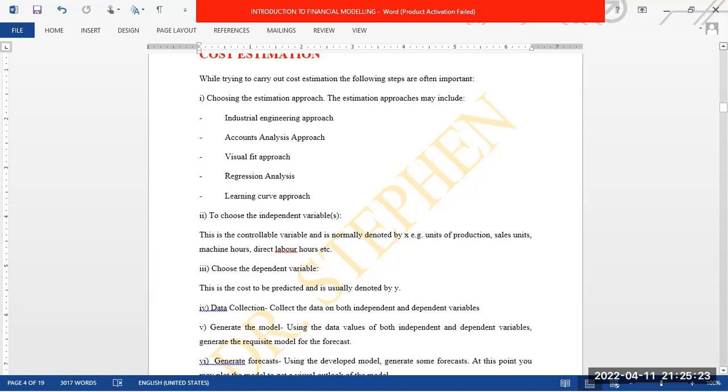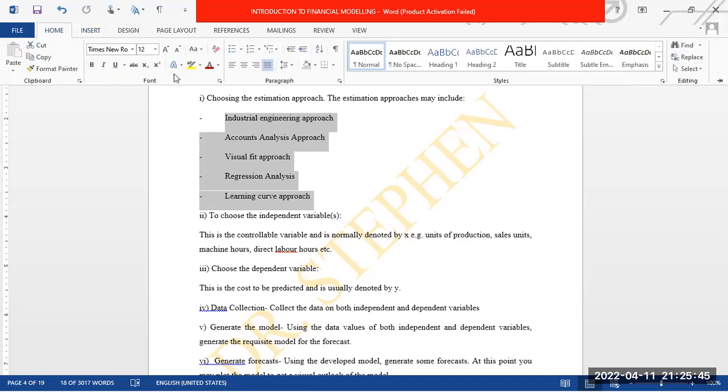I can highlight them all. Here we are. These are the cost estimation approaches that we have. We have industrial, accounts, visual, regression analysis, and learning curve approach.